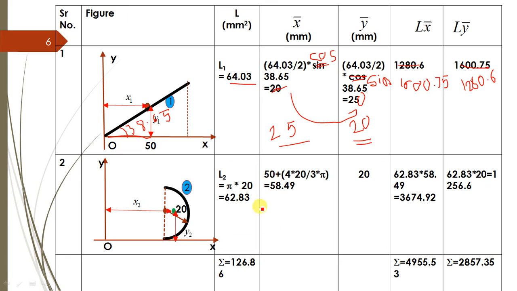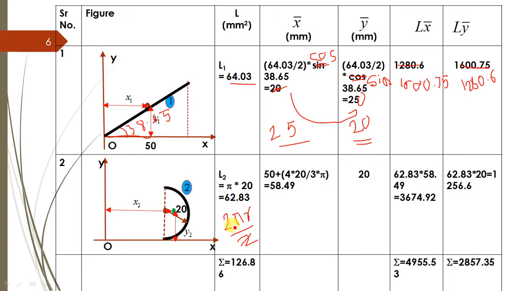Now we have to find L2, which is this perimeter. What is the formula for the perimeter? 2 pi r, but it is the perimeter of a semicircle, so 2 pi r divided by 2. Why 2?